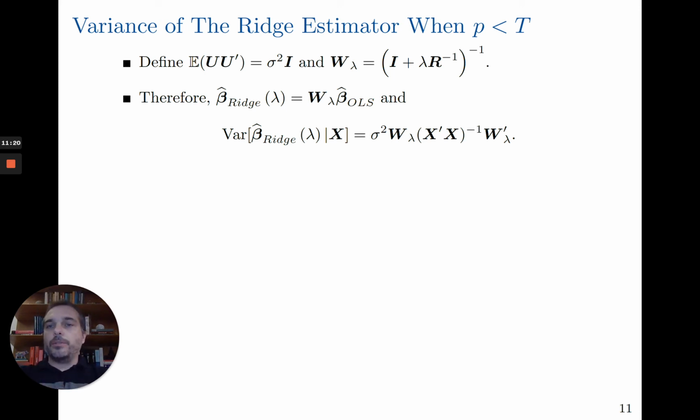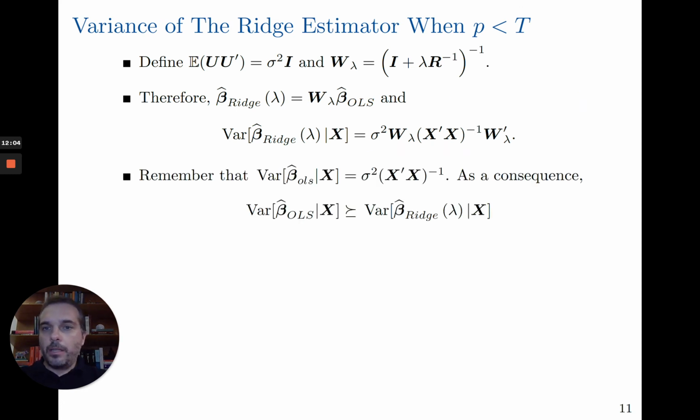So the conditional variance of beta ridge on X is sigma squared W (x prime x) inverse W. Why is that? Because we can write this in terms of the variance of the beta hat OLS, and the variance of beta hat OLS given X is sigma squared (x prime x) inverse. So now we have an estimator with this term in front of it. That's the expression of the variance of the ridge.